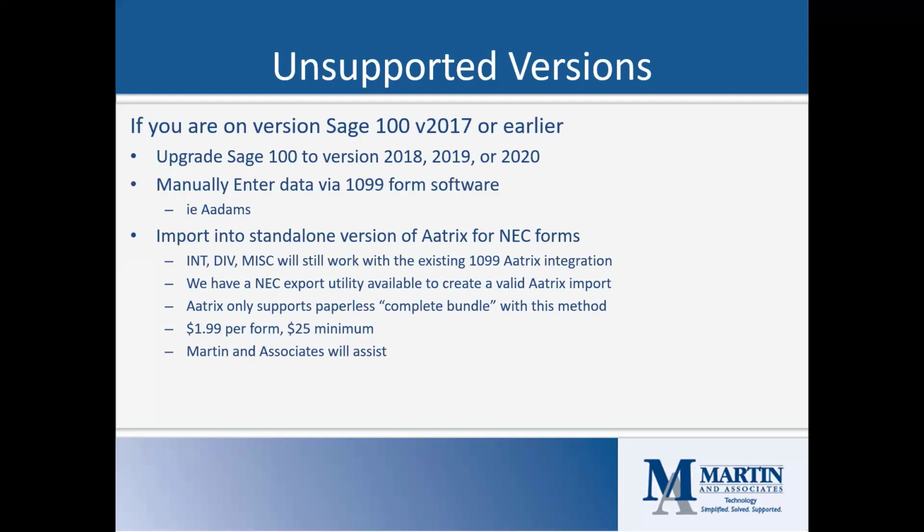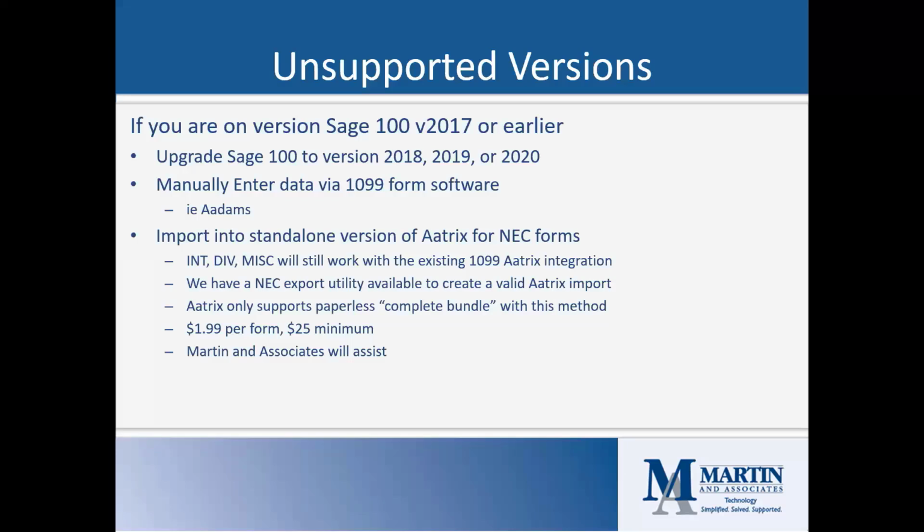The last recommendation that we have is actually still using Atrix, but Atrix has a standalone version that you can download from their website, install, and it's got an importer. So what we're working on, and we should have finished by early next week, is an export file that's compatible with this Atrix import, so that you could run through an import process.